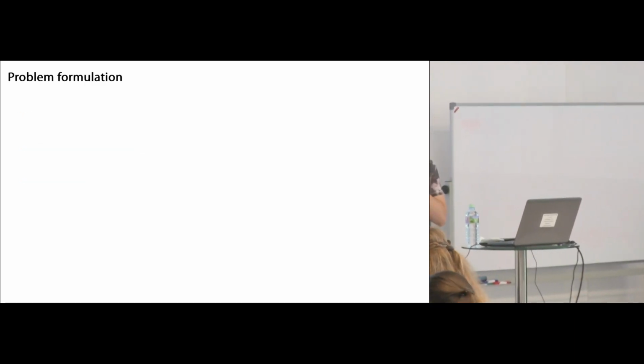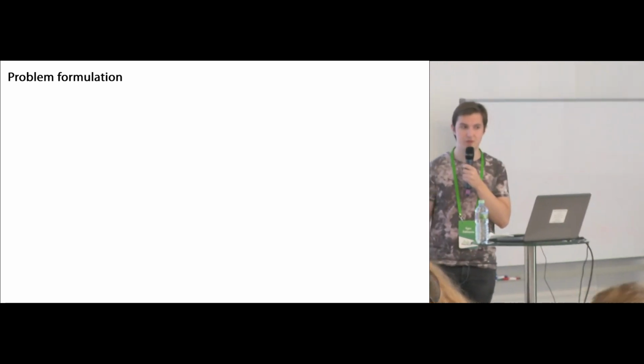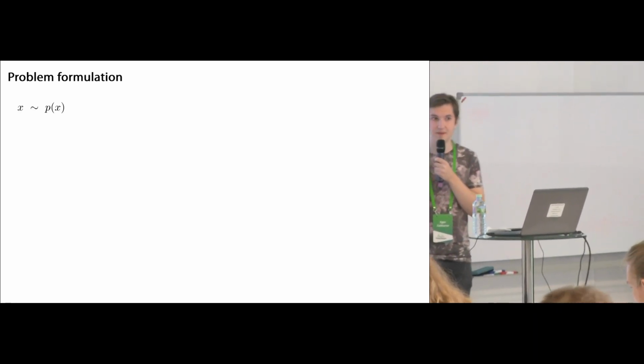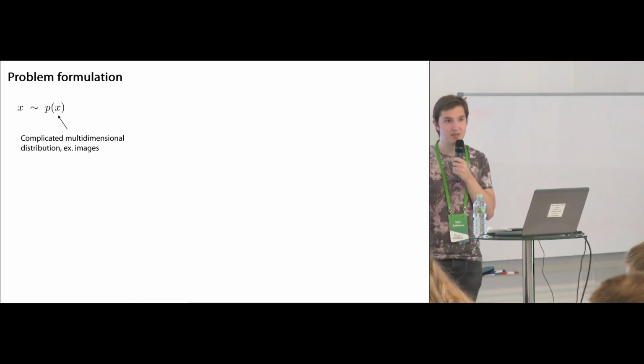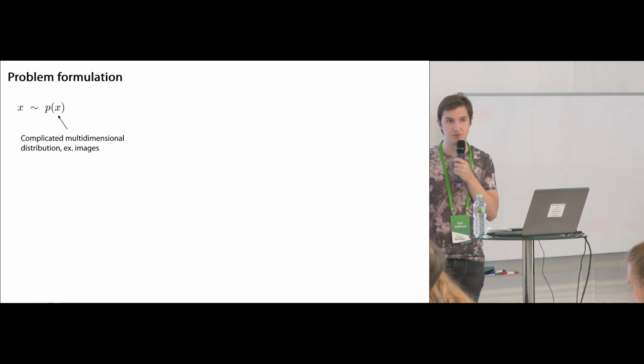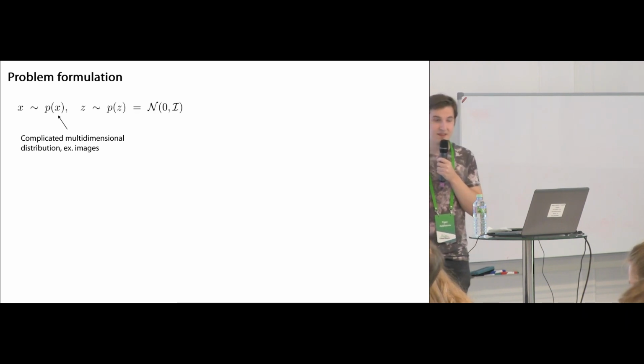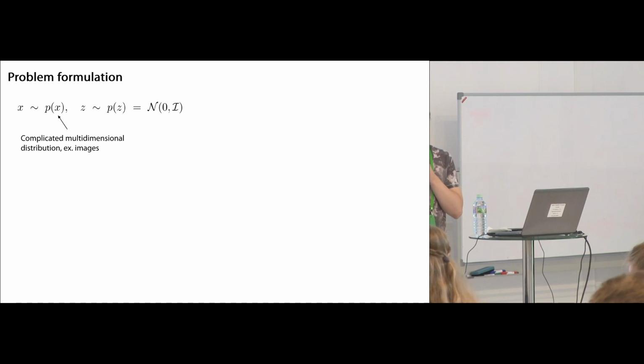So first of all, let's start with the problem formulation once again. We have some distribution P of x and samples x, which usually come from some high-dimensional complicated distribution that we want to approximate, and well, we don't want to approximate, we just want to sample from it.